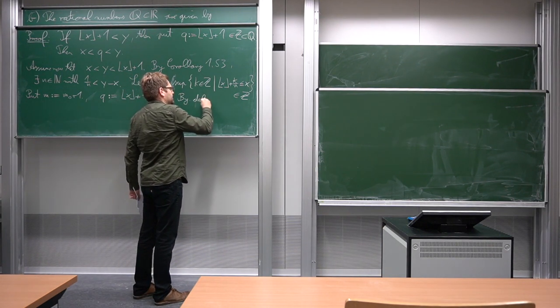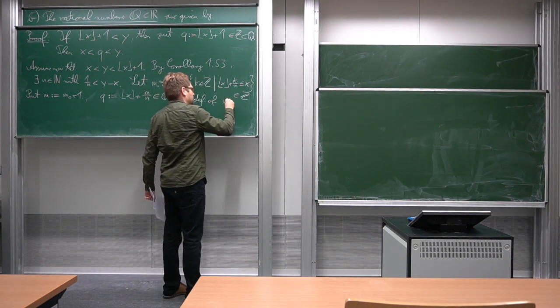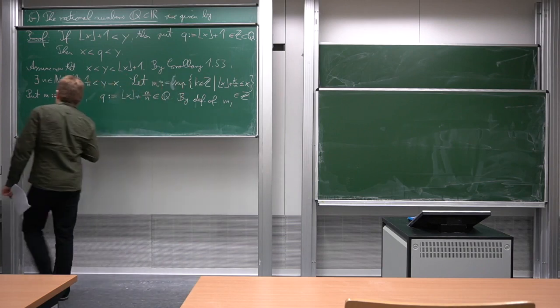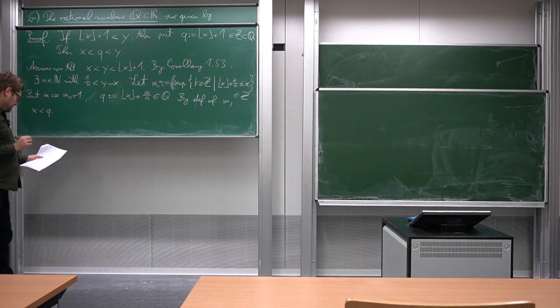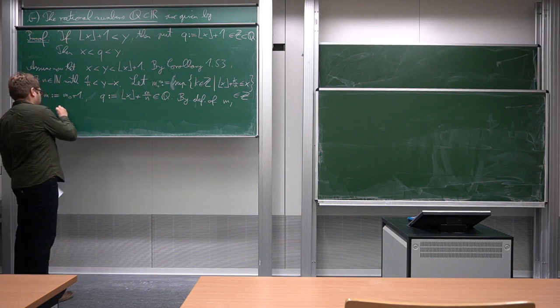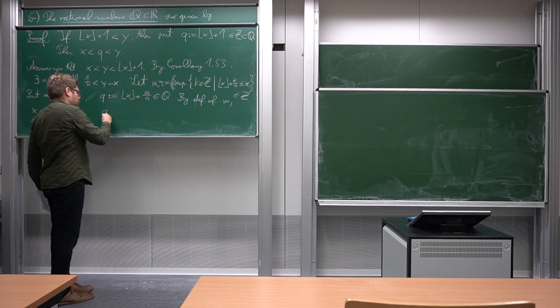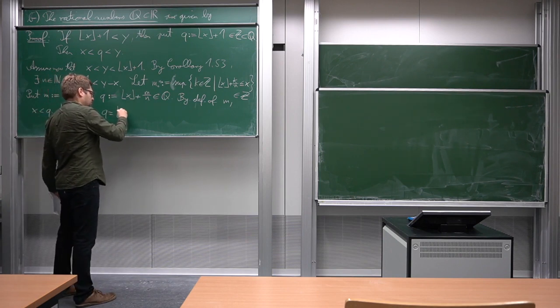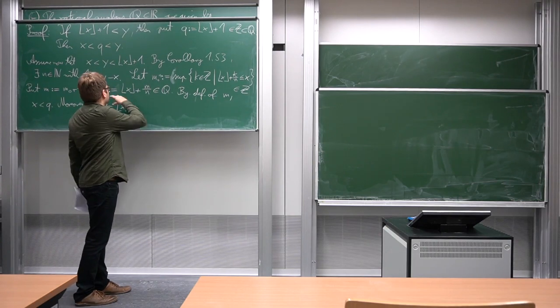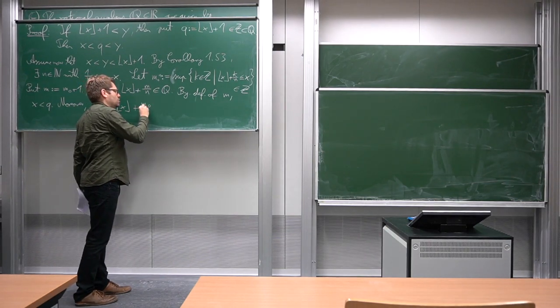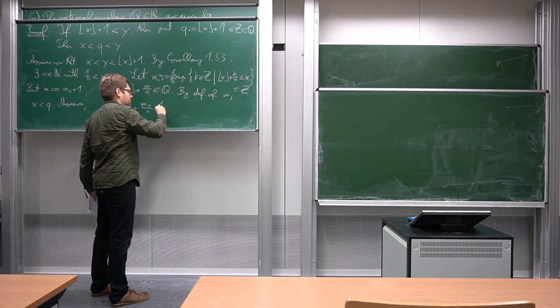So, as I just said, by definition of m, we get that x is smaller than q. Okay, but also, moreover, q is, by definition, the floor of x plus m over n, and by definition this is plus m0 over n plus 1 over n.